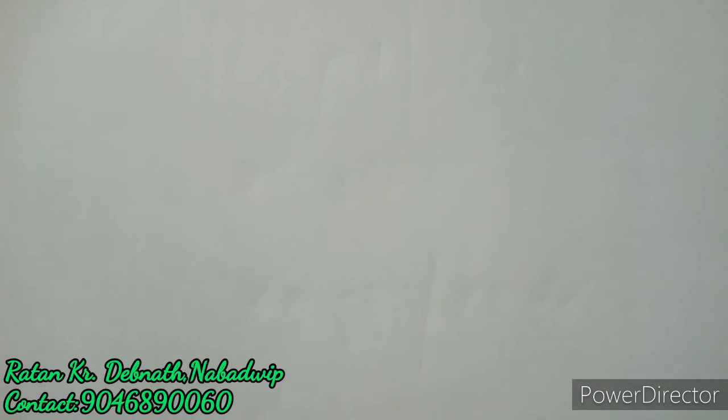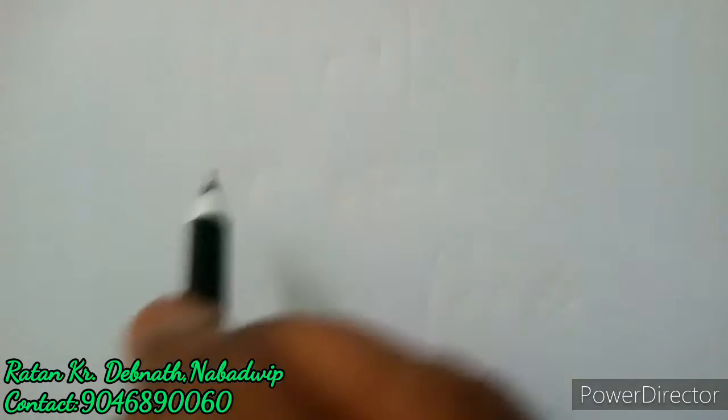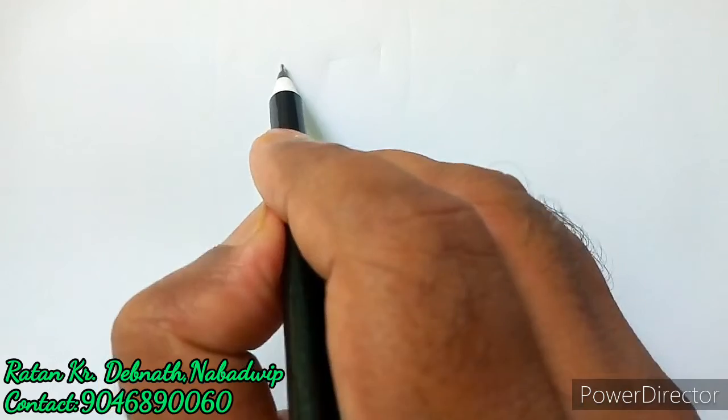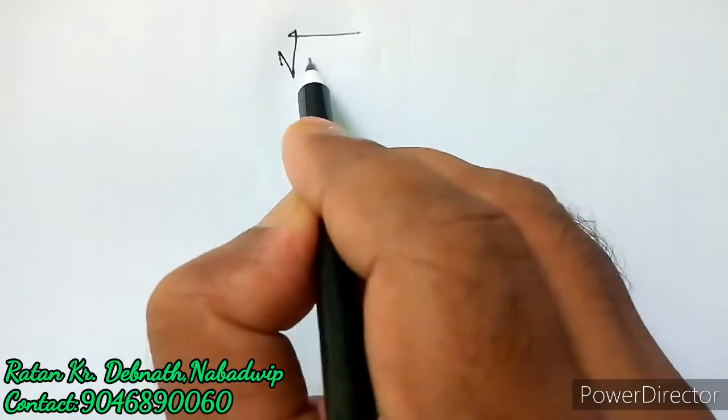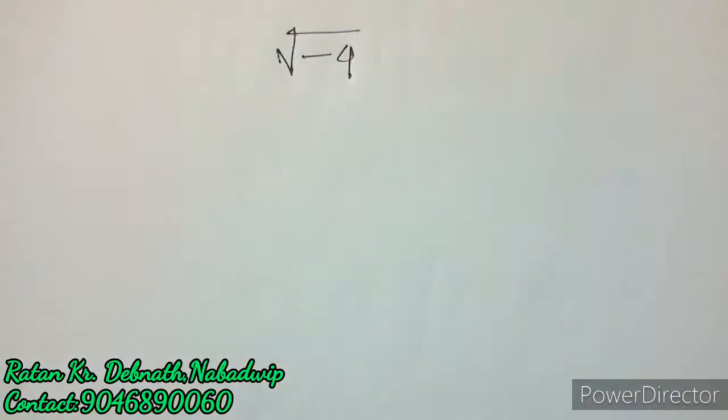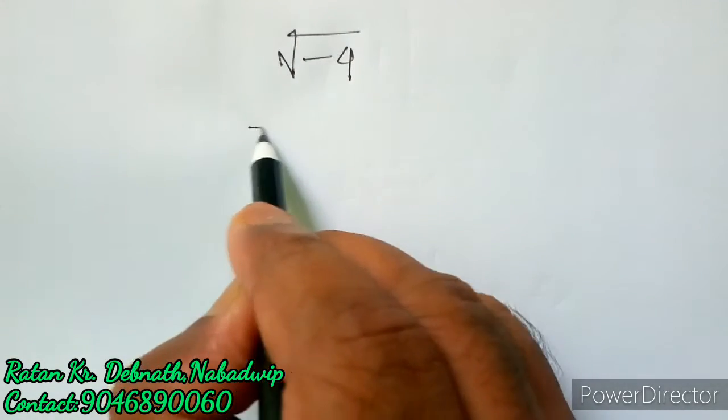If I want to say all the things I have discussed here in the simplest way, then I can say square root of a negative number is not possible. In order to solve this problem, we introduce another set of numbers.